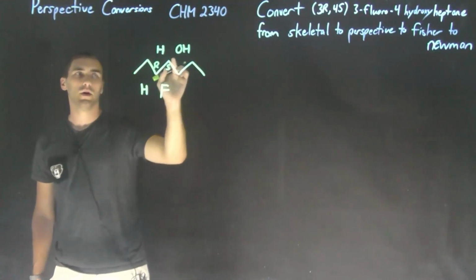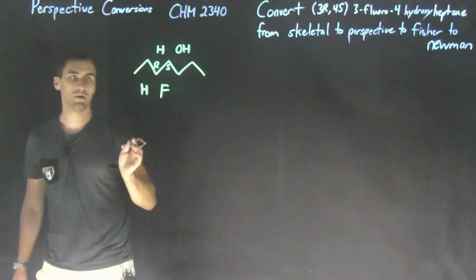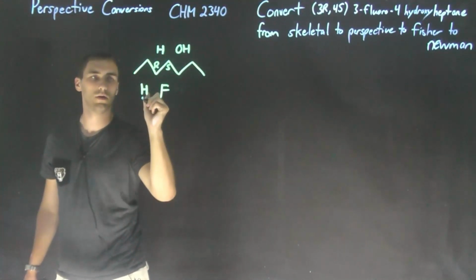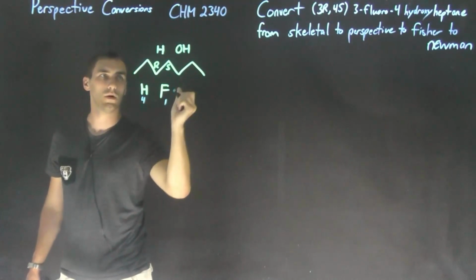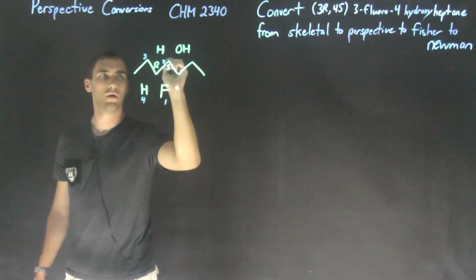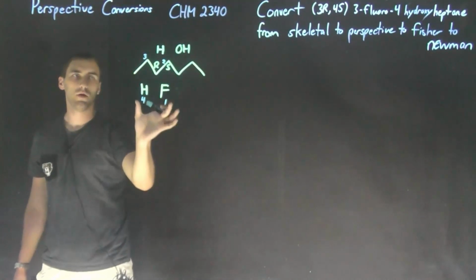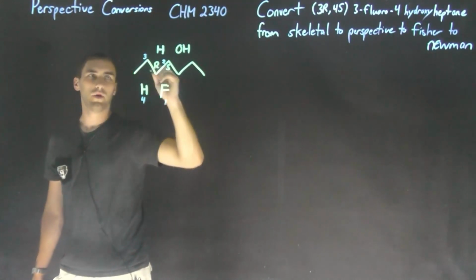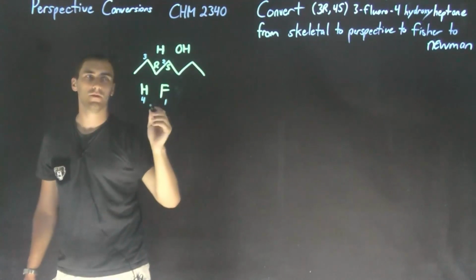This carbon will be R and this one will be S. To get R, here are our priorities. We want R, we want to go this way.